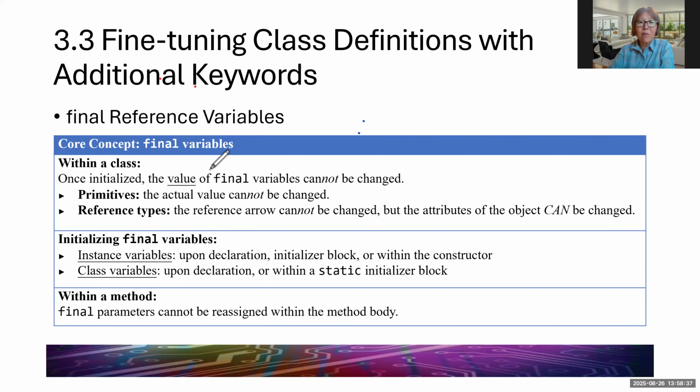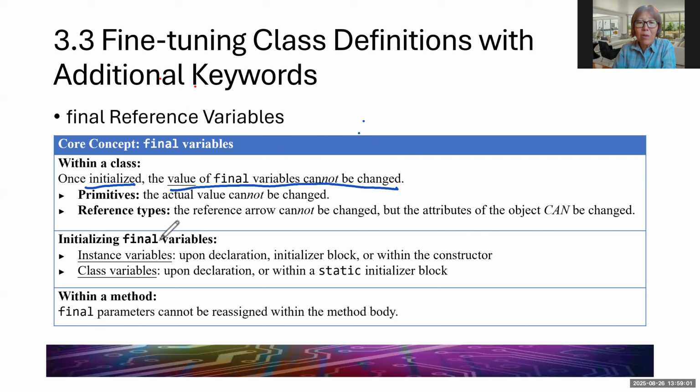So here is a summarization for the final reference variable. For the final variable within a class, once initialized, it cannot be changed. If it's a primitive, then the value cannot be changed. If it's a reference type, then the pointer cannot be changed.